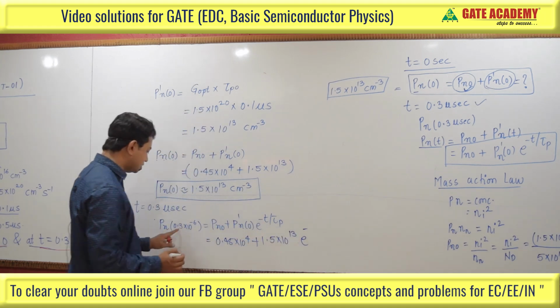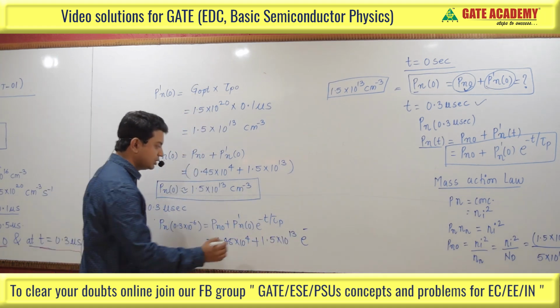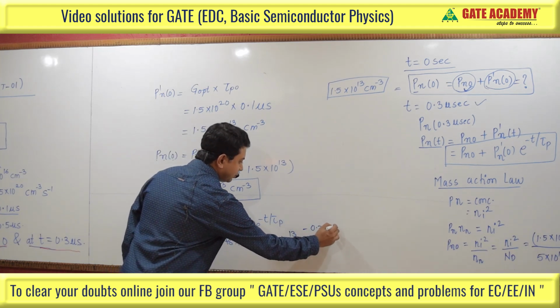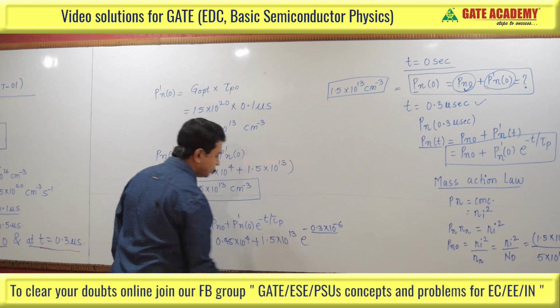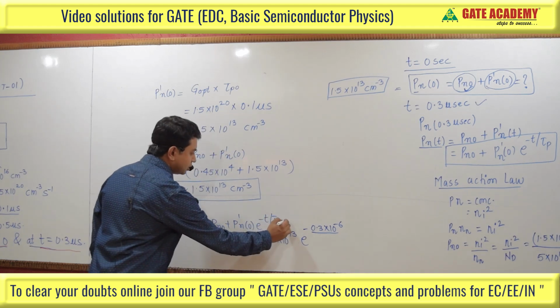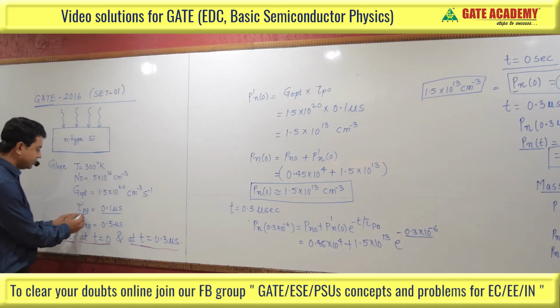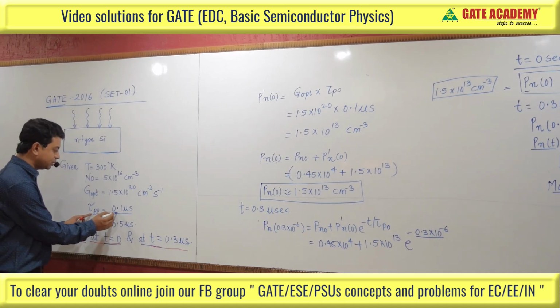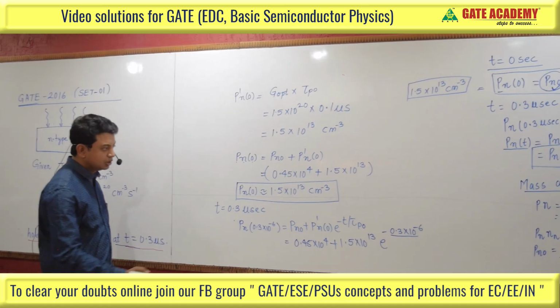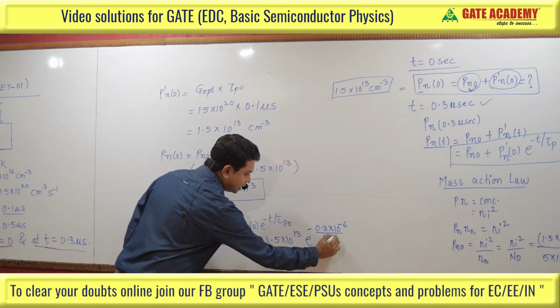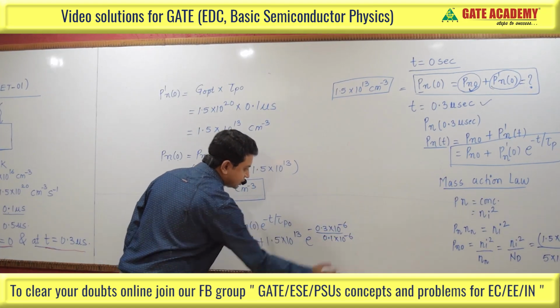Here t is 0.3 × 10^-6, divided by tau p naught, which is given in the question: tau p naught is equal to 0.1 microsecond, so 0.1 × 10^-6.